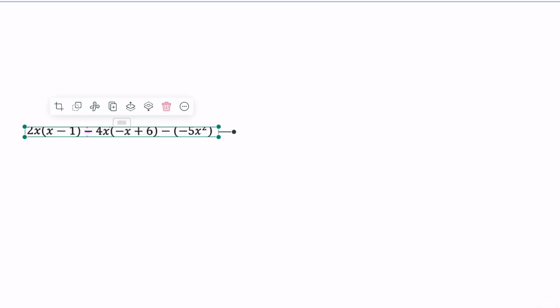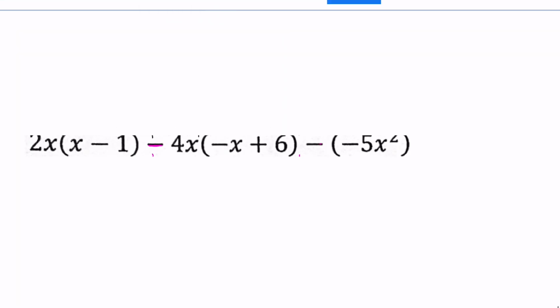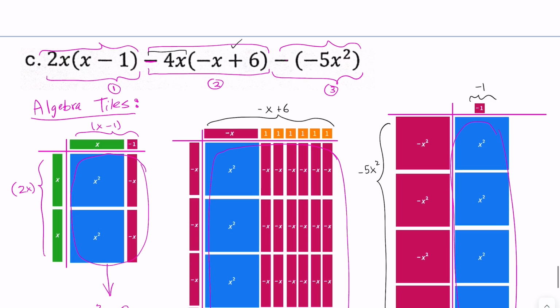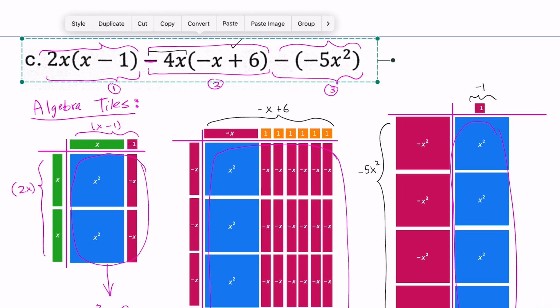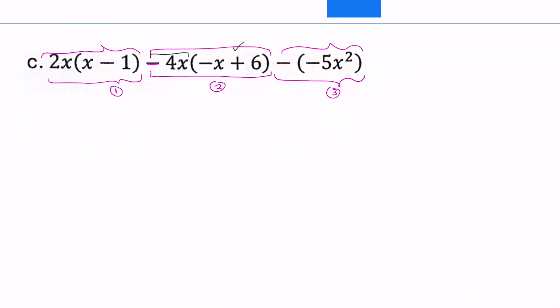But whichever method you use, the tiles method or just the pure algebra method without using tiles, I'm still going to ask that you draw an area model, whichever way.